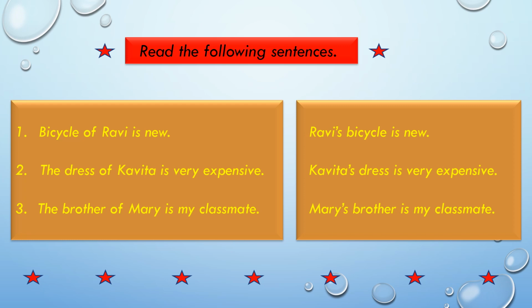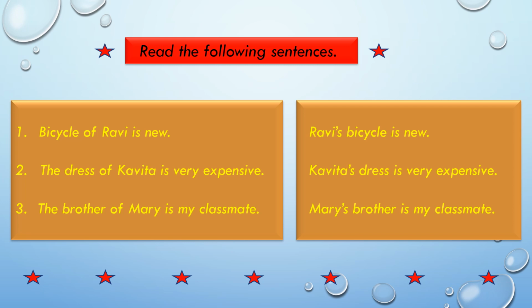Another example, the brother of Mary is my classmate. Who is my classmate? The brother of Mary means Mary's brother. Whose brother? Mary's brother. So Mary's brother is my classmate.